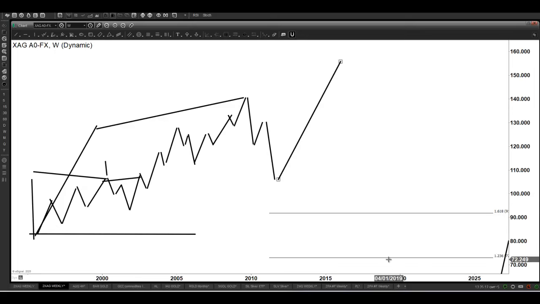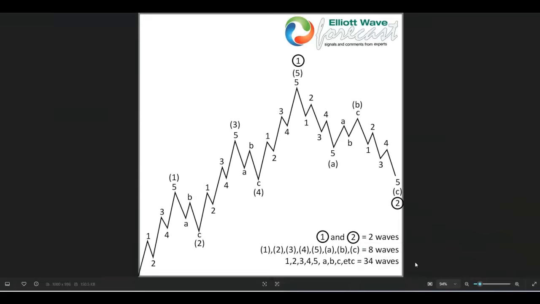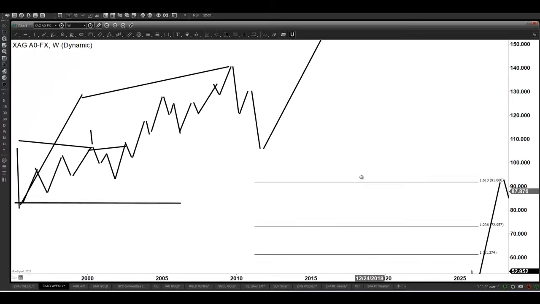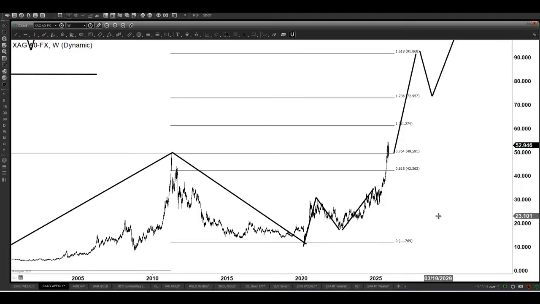In other words, if you look at this chart, at one moment, this is the grand super cycle. You will be able to watch the recording later. This is the grand super cycle. When this cycle ends, this is the grand super cycle again. So now silver, right here, is extending within the grand super cycle.